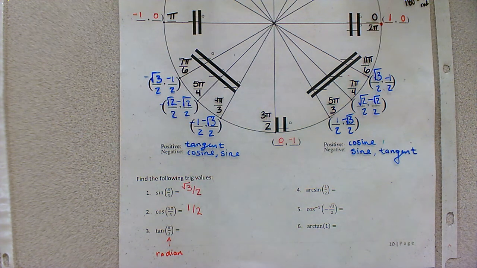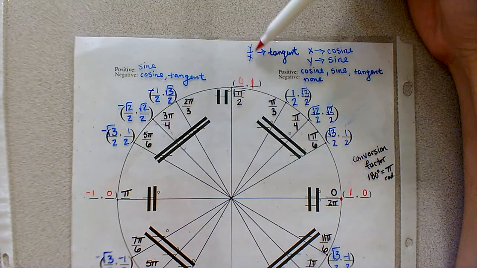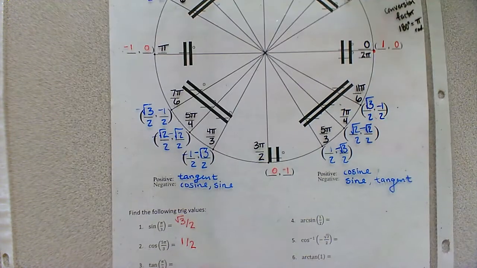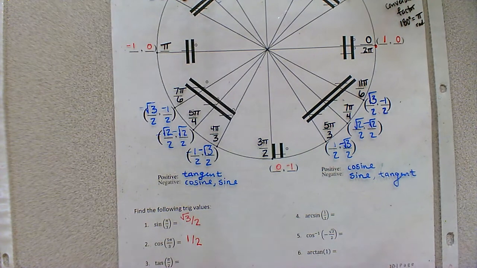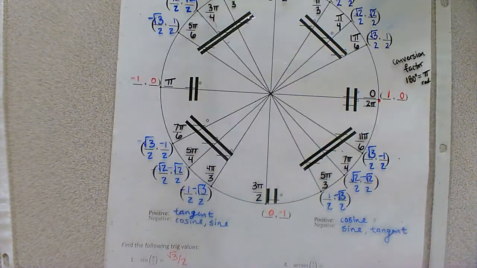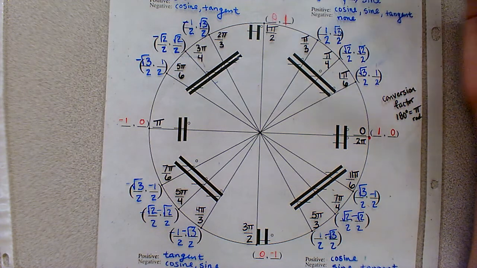Now tangent can be a little tricky because we defined tangent to be the sine value divided by the cosine value, meaning y over x. So let's go ahead and find the pi over 2 spot on our unit circle. Okay, that's the radian that we want to locate. Now that's at the very top, aka 90 degrees.